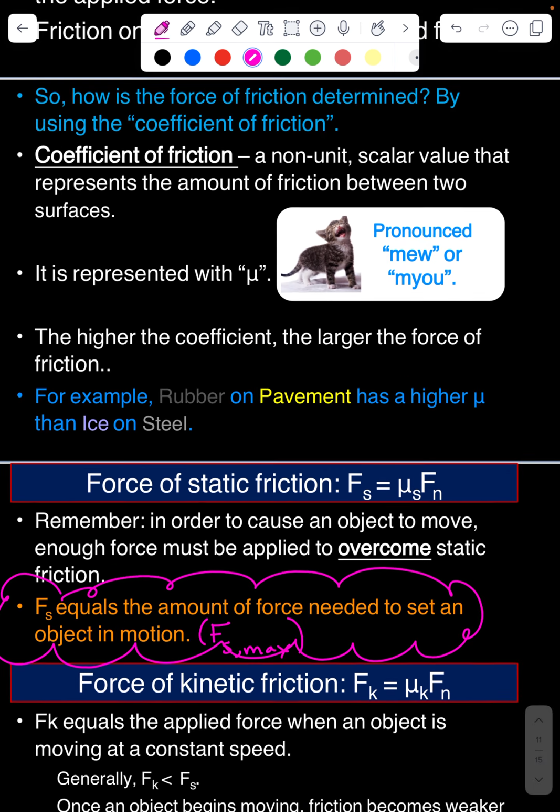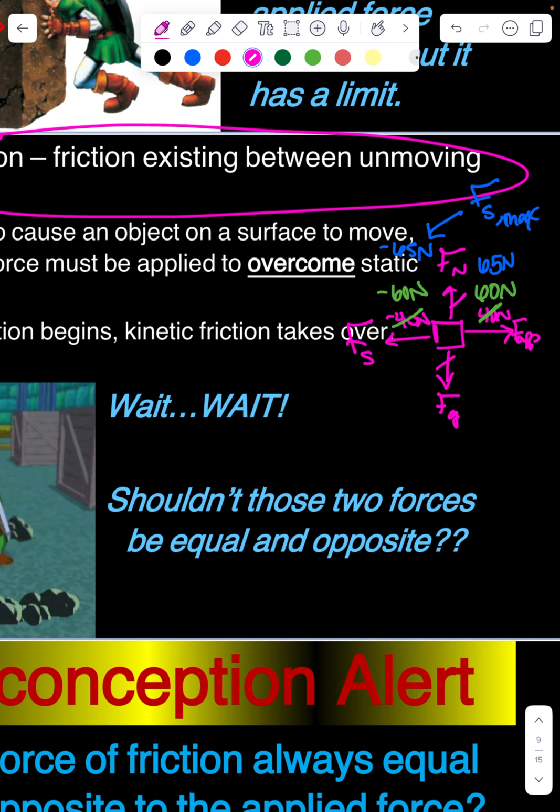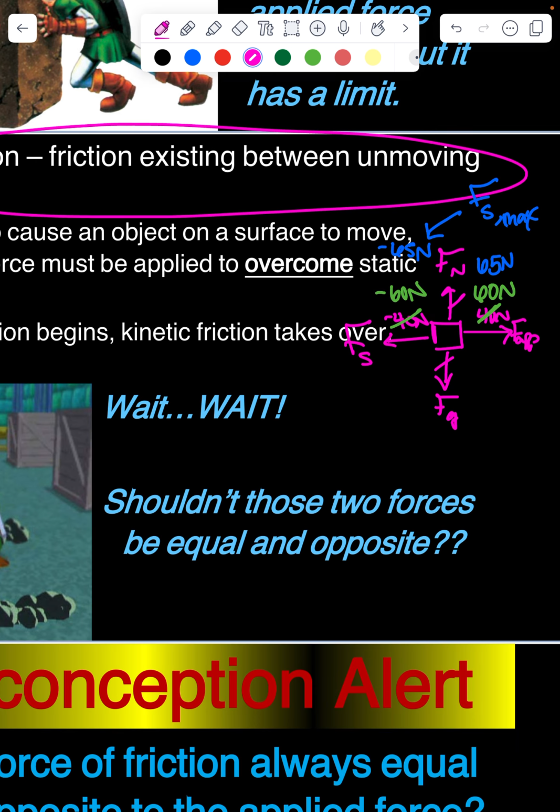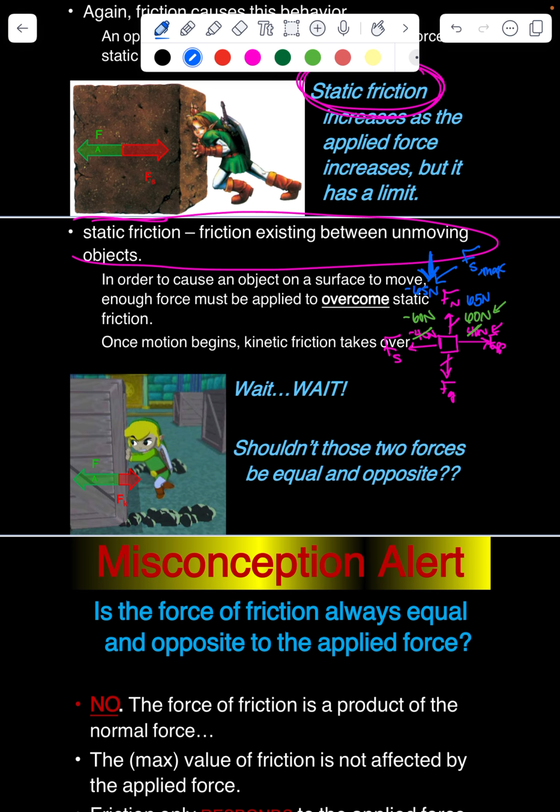We saw three different static frictional forces here. The first two were balancing out the applied force because the refrigerator still wasn't moving. But the negative 65 newtons was the maximum static frictional force, the amount of force needed to overcome static friction.